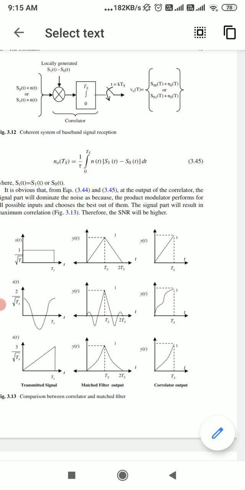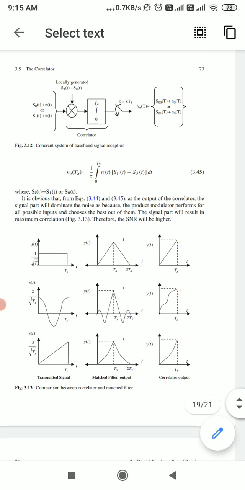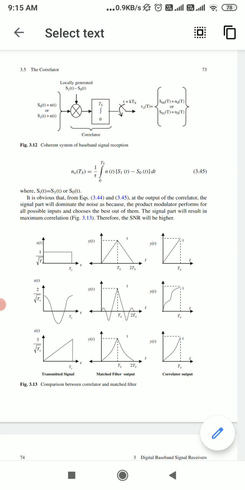So, we can say that process is nothing but a correlation. If you see, the correlator output and matched filter output are the same only when t equals Ts. If we take t exactly equal to Ts, you can see we have the same output for the matched filter as well as for the correlator.